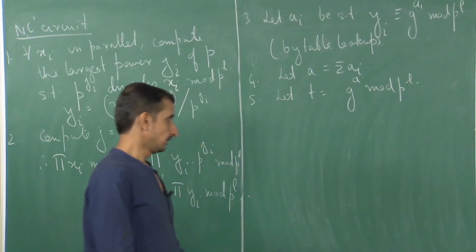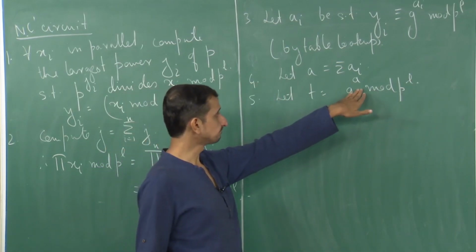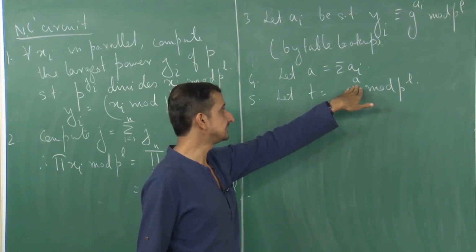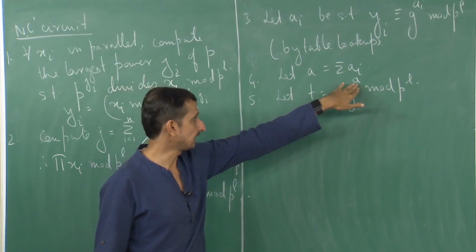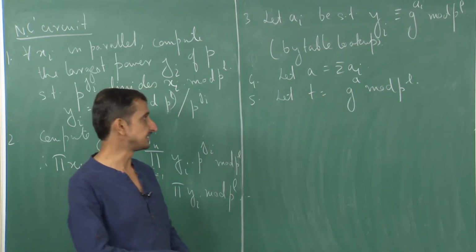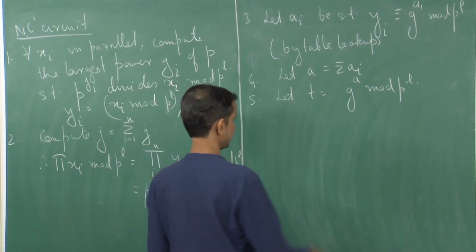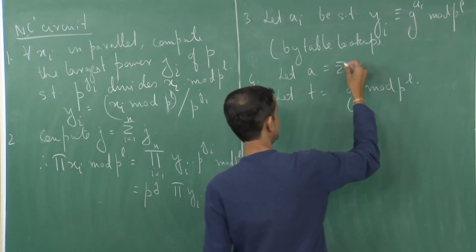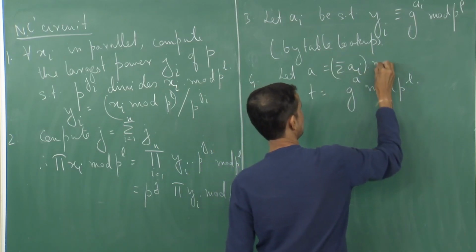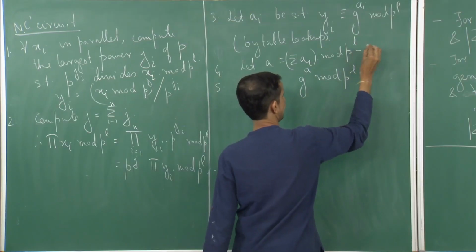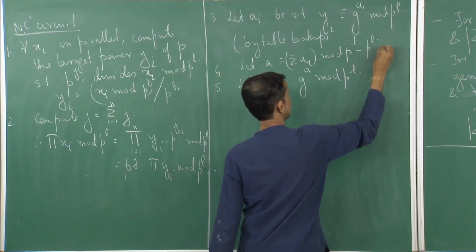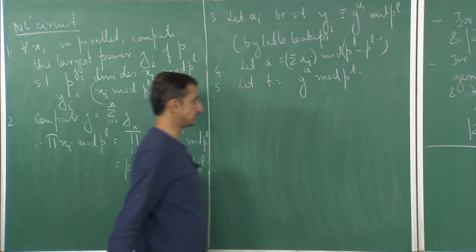Okay. Now again, these exponents, so we know that we only have p to the power l minus p to the power l minus 1 distinct exponents. So I actually just need to do this summation modulo p to the power l minus p to the power l minus 1.